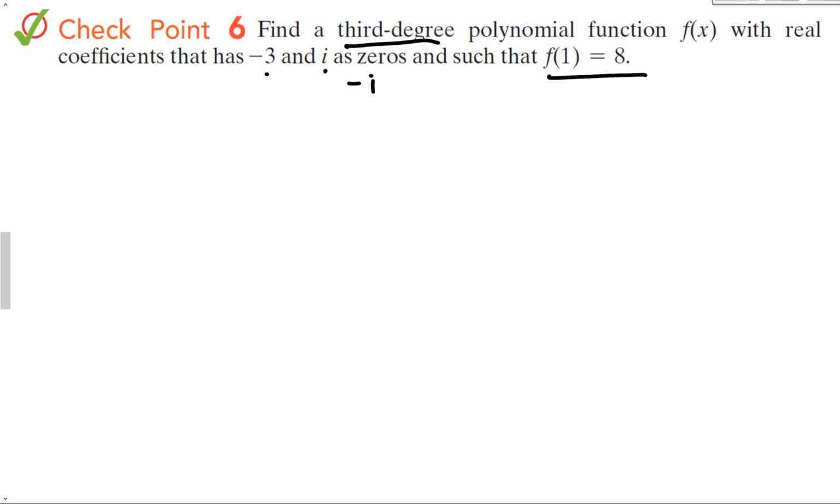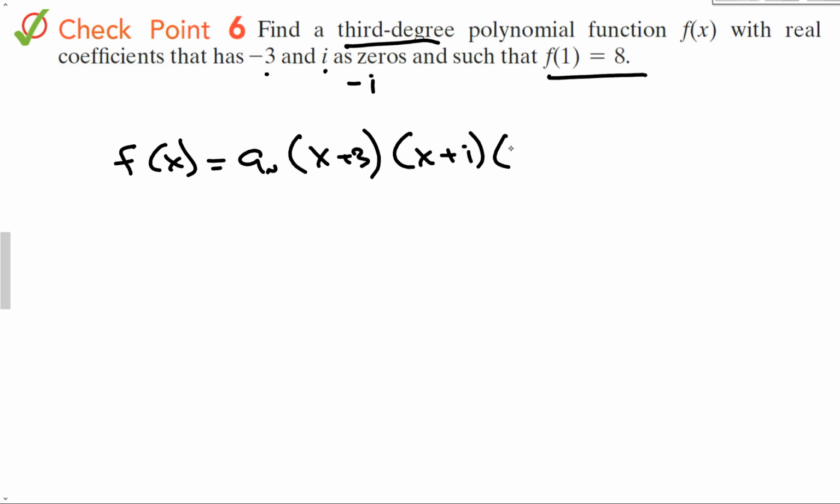So we know my function is going to equal some coefficient times x plus 3, x plus i, x minus i. Let's multiply the conjugate pair together because that's a little bit easier, because that's x squared plus 1.